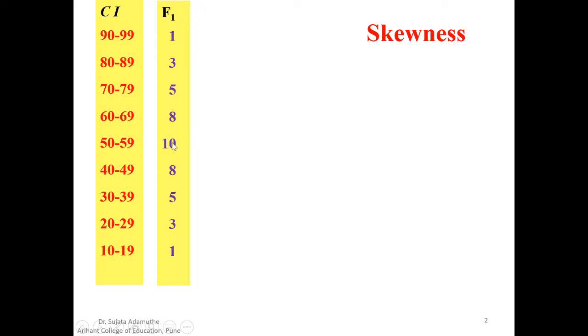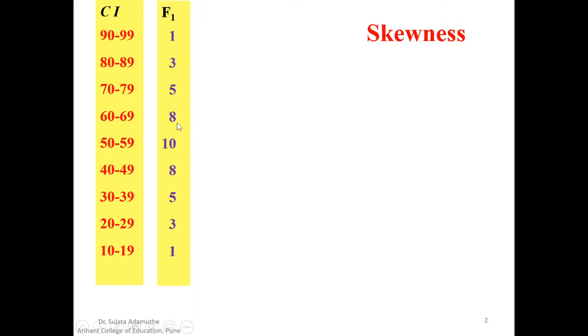Then if we observe, we will notice that the frequencies reduce like this at the upper side, and also below the 10 frequency, the other frequencies reduce in the same manner as above.